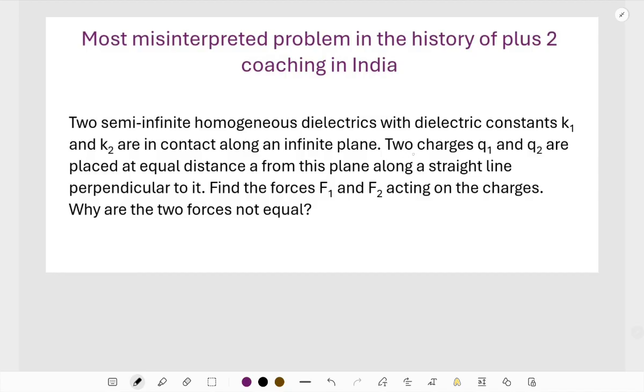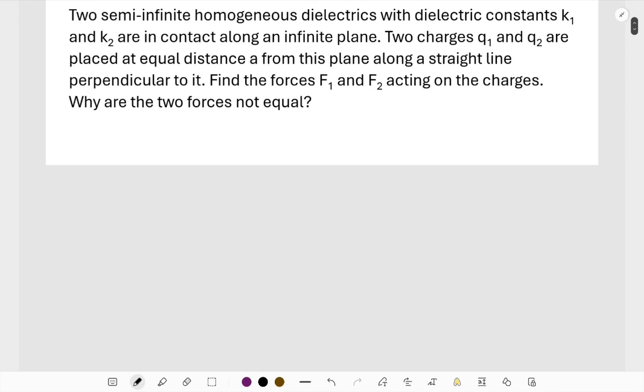And two charges Q1 and Q2 are placed at equal distance A from this plane along the straight line perpendicular to it. Find the forces F1 and F2 acting on the charges. And why are these two forces not equal? Are we violating something called Newton's third law of motion? Of course not.